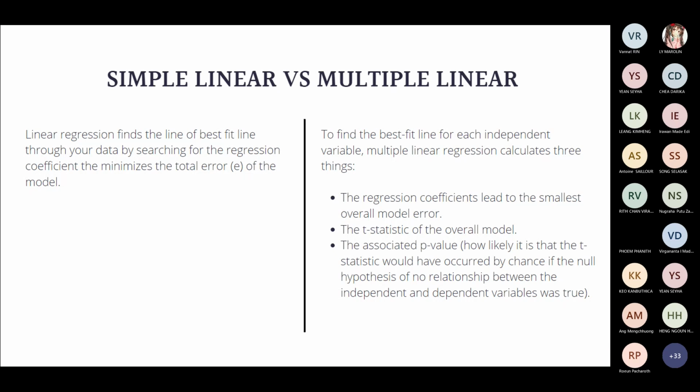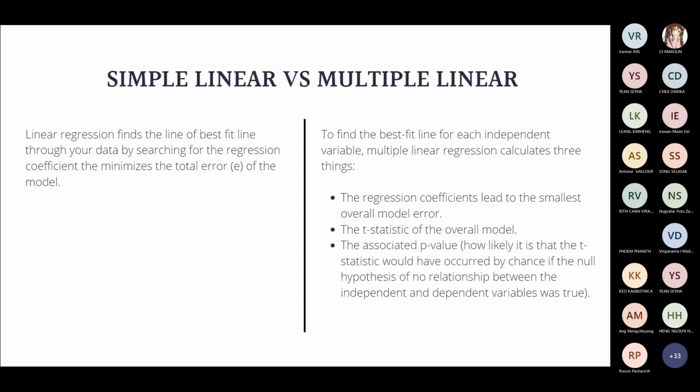And one more thing is that for the simple linear, they can have a certain p-value and be consistent. So in order to have a minimal total error, we use the simple linear.